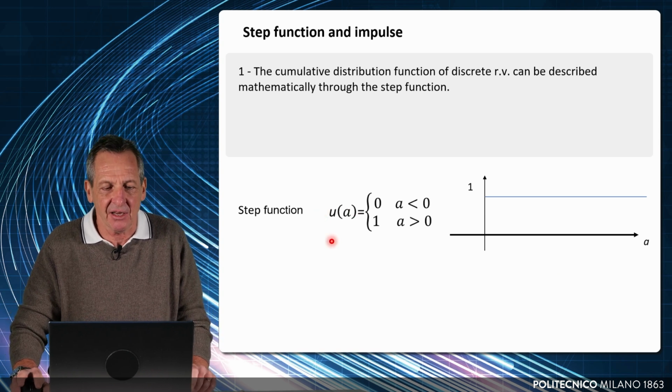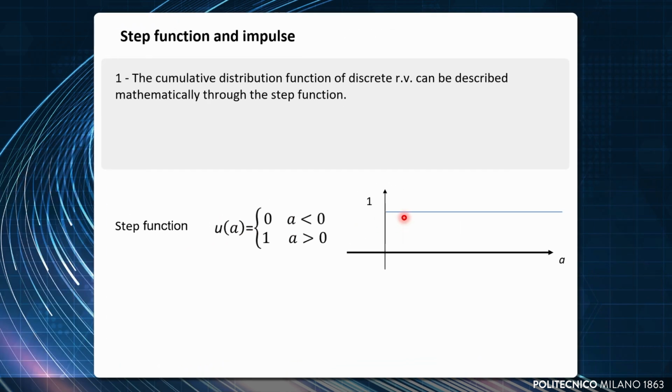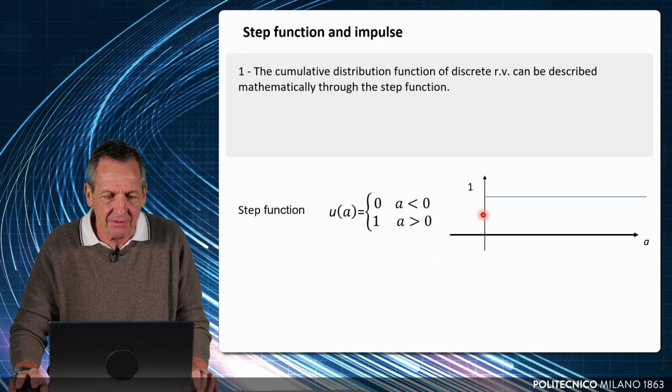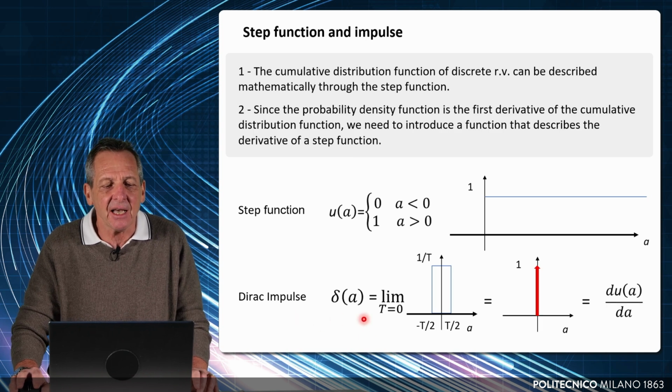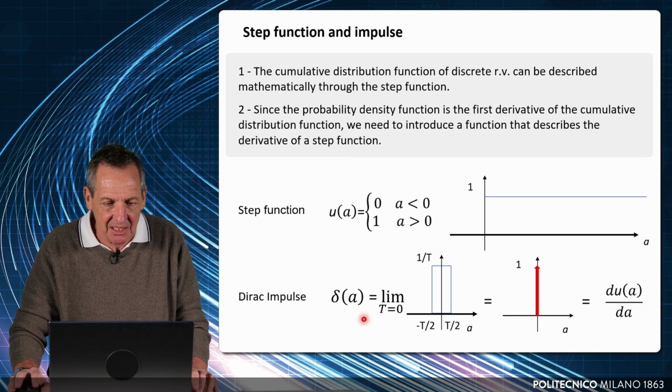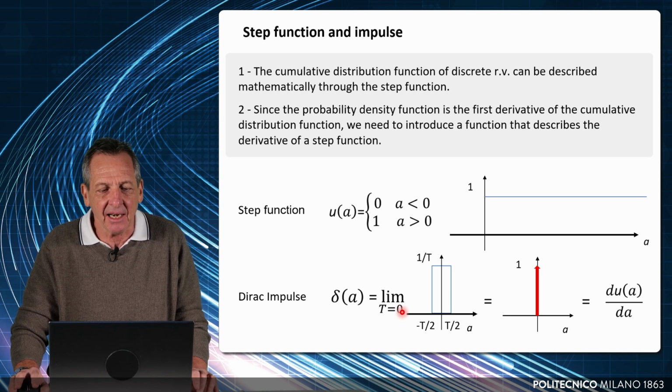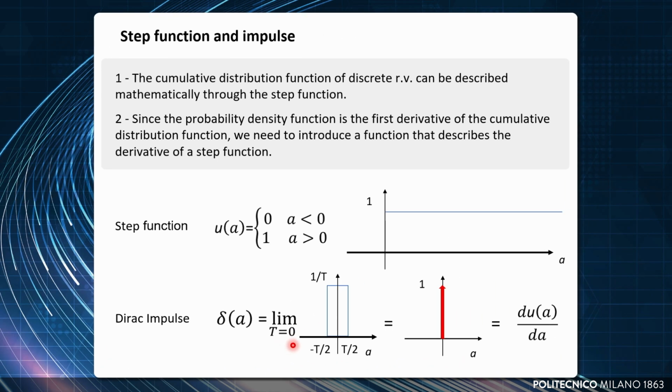Simply, the step function is a function that is 1 for a greater than 0 and 0 for a less than 0. We do not define, it is not important, the step function exactly at 0. But you see this jump here in position 0. The second function is the Dirac delta impulse function, defined as the limit as T goes to 0 of this rectangle here from minus T over 2 to T over 2.